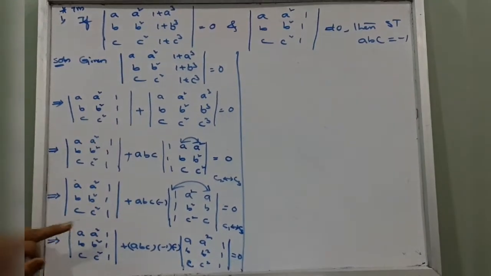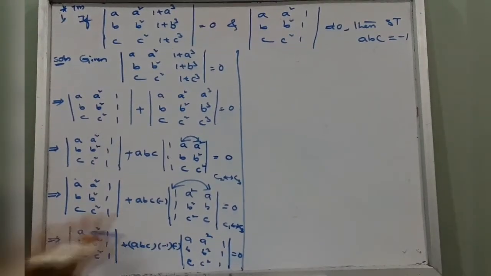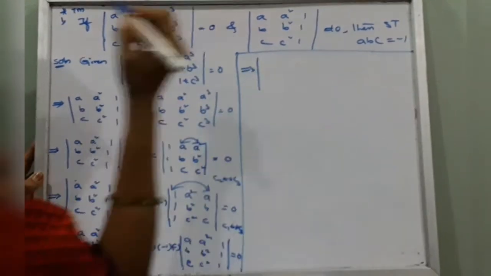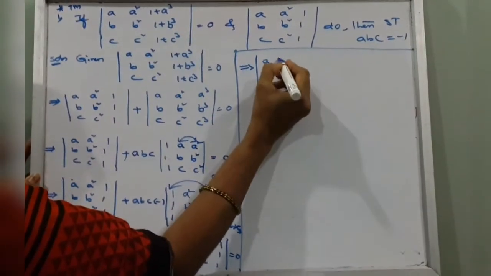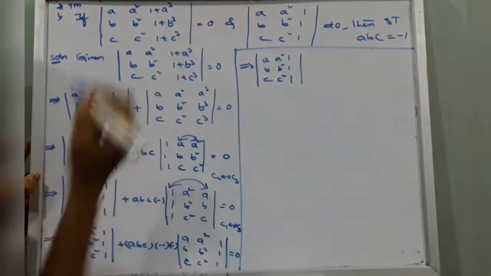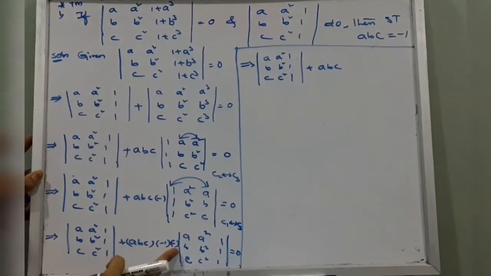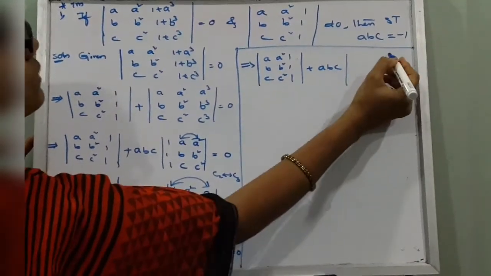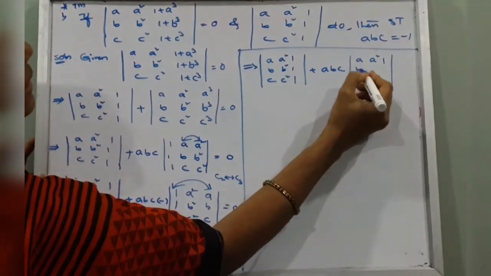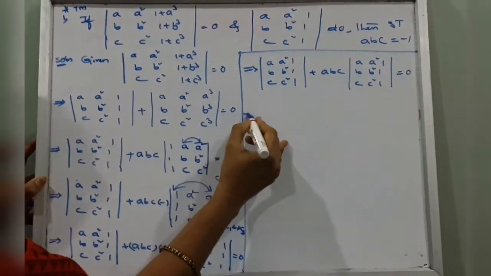So here a square 1, b square 1, c square 1 and a square 1, b square 1, c square 1: both matrices are the same, which implies the determinant of a square 1, b square 1, c square 1 plus ABC, here minus of minus is plus, into the determinant of the same matrix a square 1, b square 1, c square 1 is equal to 0.